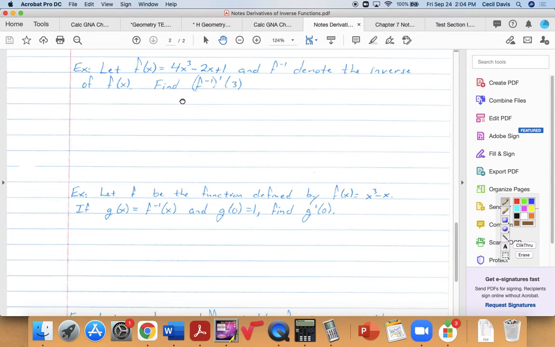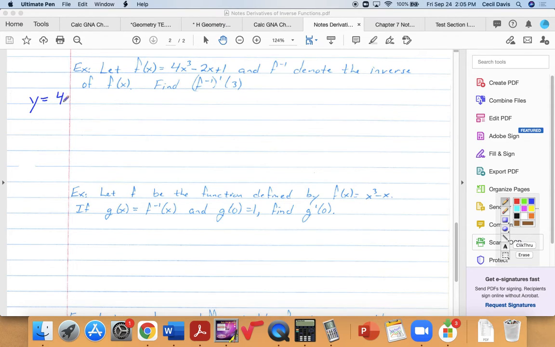All right. So let f of x be equal to 4x cubed minus 2x plus 1, and f inverse denote the inverse of f of x. Find f inverse's derivative at 3. First, let me point out that, don't worry about writing this down, if you were to write y equals 4x cubed minus 2x plus 1, again, going back to algebra 2, usually what you did to find the inverse function is you switched the variables and solved for y, right?